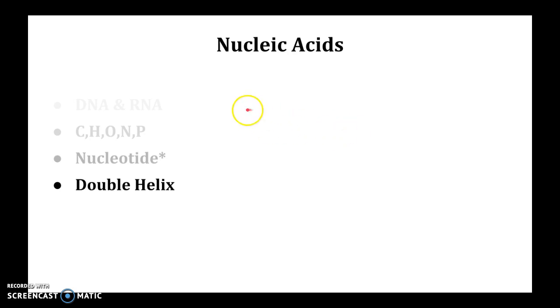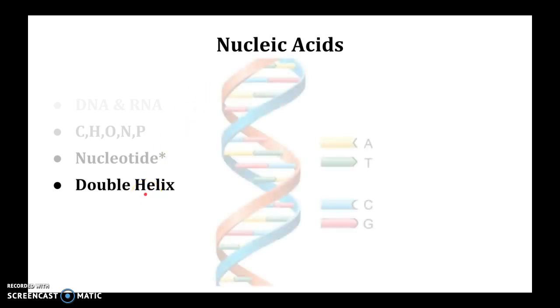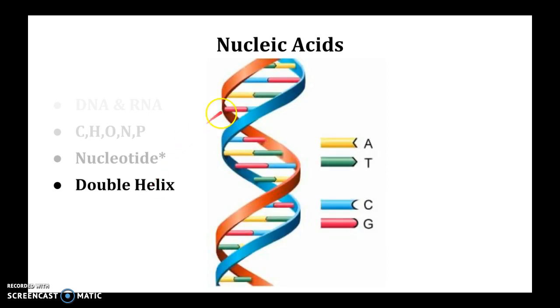Another way to identify the structure of a nucleic acid macromolecule is by its characteristic double helix appearance. Take a look at this image of a nucleic acid. Notice the double helix shape.